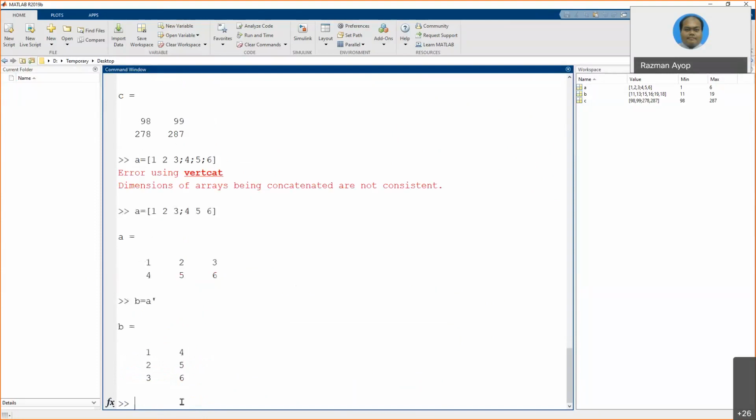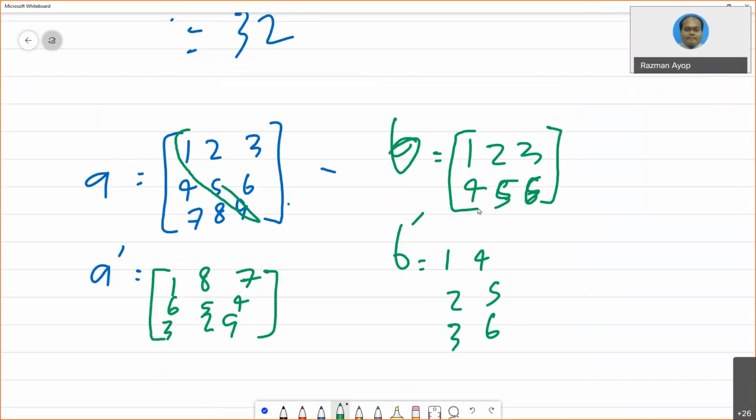So 1, 4, 2, 5, 3, 6. So you flip it and then you mirror it. And make sure that you know how to transpose a matrix.